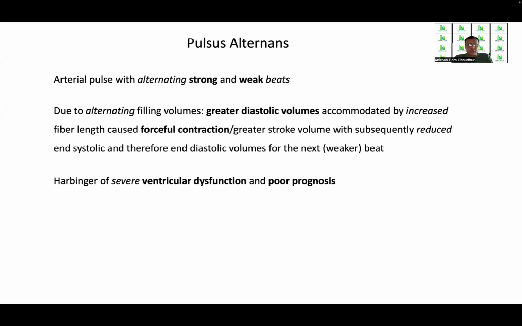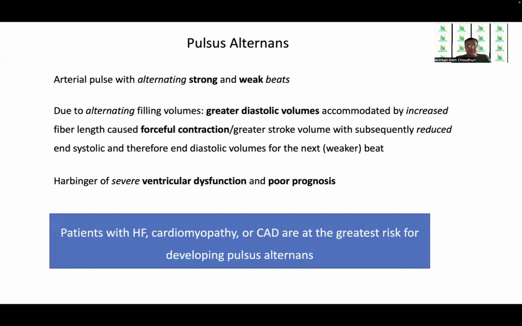So this pulsus alternans is a harbinger of severe ventricular dysfunction and carries a poor prognosis, and particularly it can be seen in patients with heart failure, cardiomyopathy, or coronary artery disease. And these patients are at greatest risk for developing pulsus alternans.